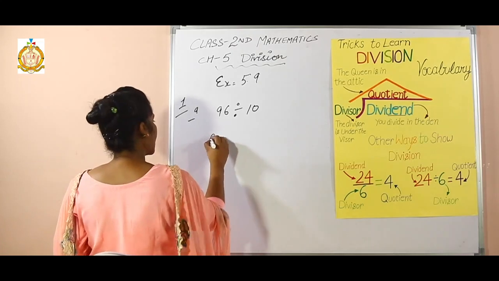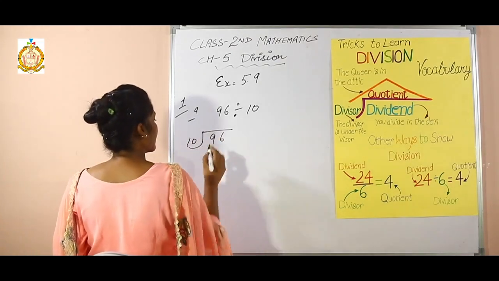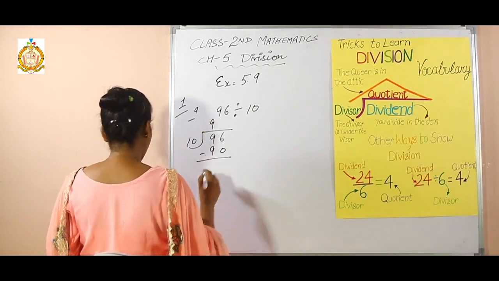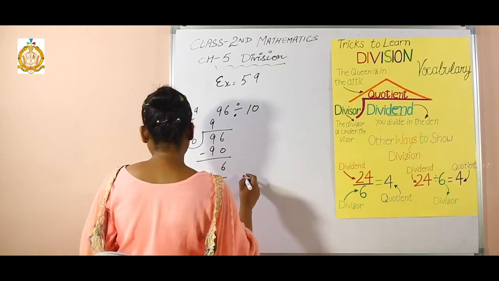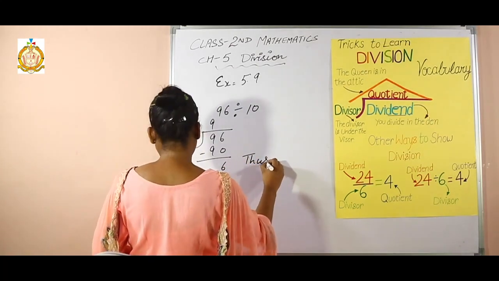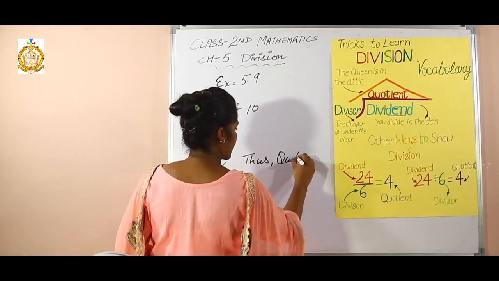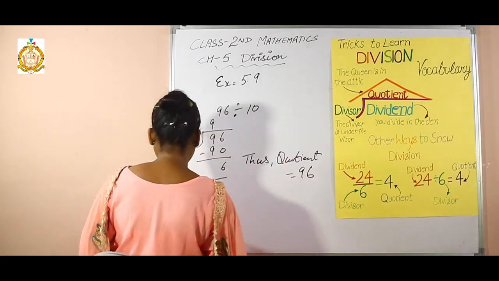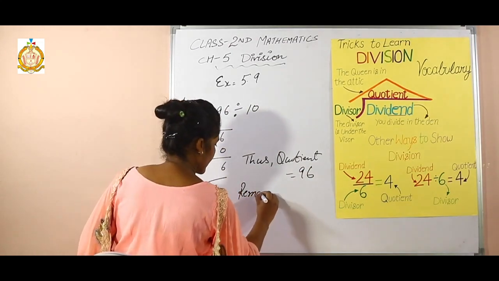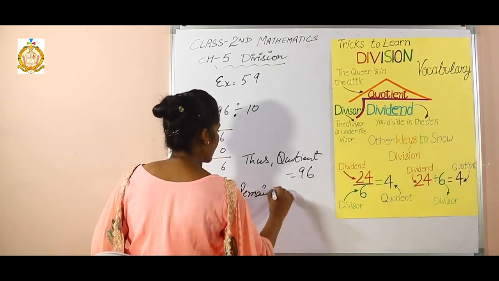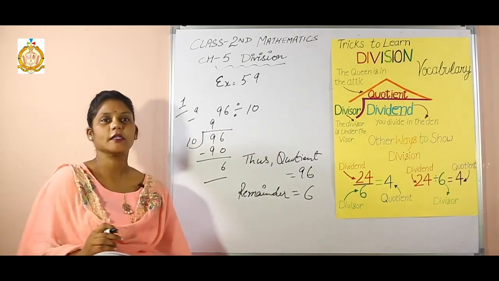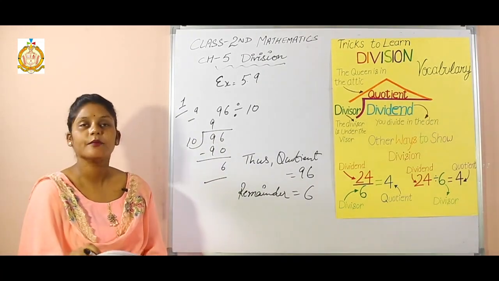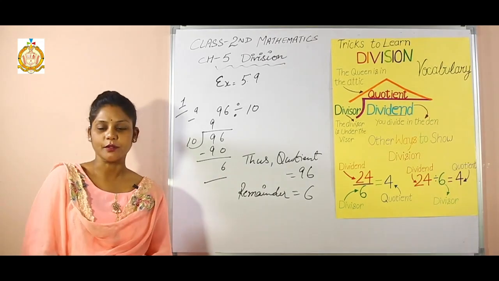It's very easy. In the table of 10 there is 9 tens are 90 and the remainder is 6. So thus quotient equals 9 and remainder equals 6, only this much. So in this way you should be able to do the full exercise 5.9 in your book.